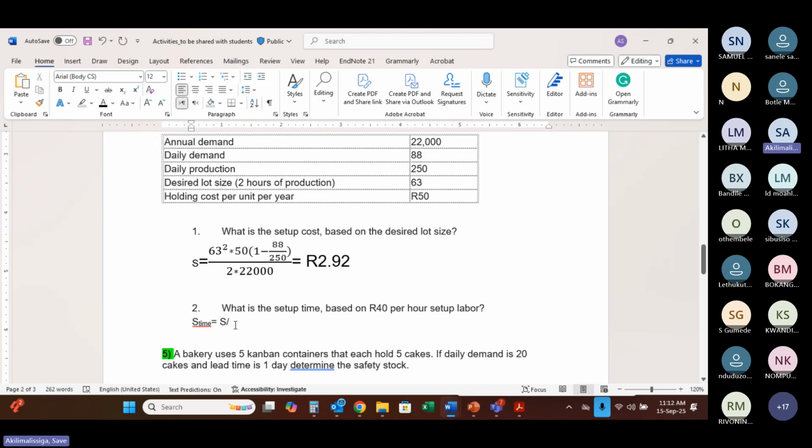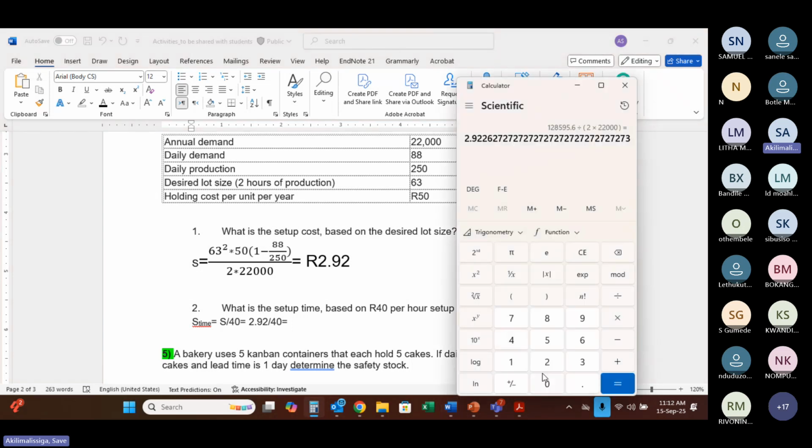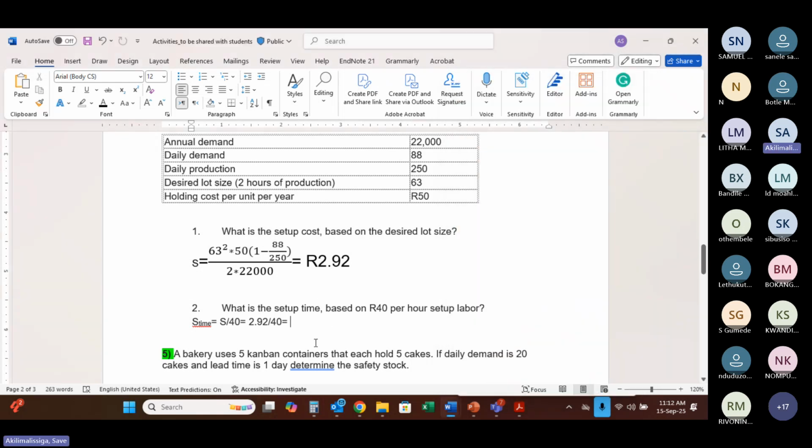So here it is 40. So that is going to be 2.92 divided by 40, and that gives us 0.073. This is 0.073 hours, or hour, depending on you.